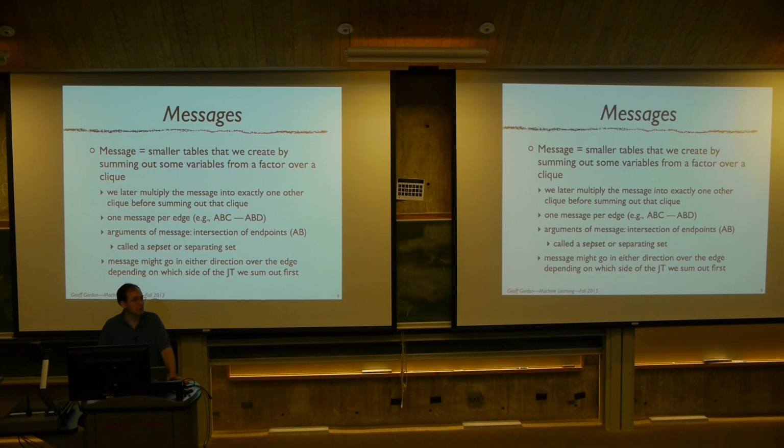So you're going to multiply that message into the clique on one end or the other. If you're passing it in that direction, you're going to multiply it into the clique on this side. If you're passing it in that direction, you multiply it into the clique on this side. So the edges in the junction tree are associated with the messages, and they tell us what are the arguments and how to use the messages.